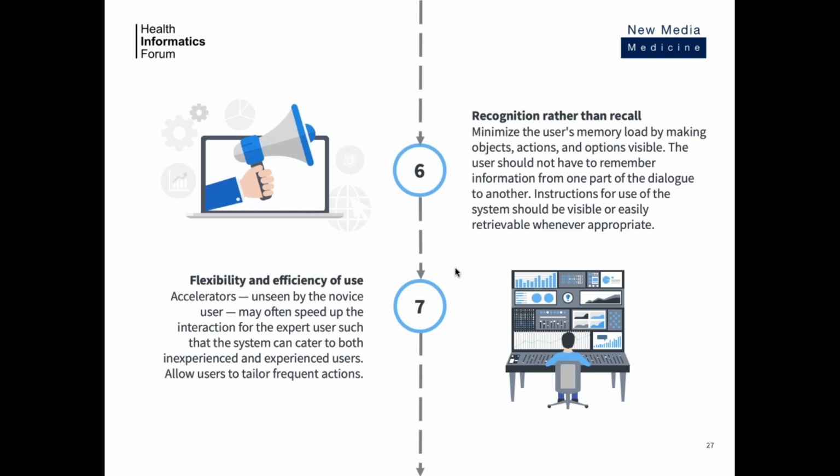If you imagine using a digital radiology system, an experienced radiologist who's been using the system for a long time might want quite advanced features for doing things like highlighting particular areas or using artificial intelligence algorithms in a complex way. These should be hidden from the novice user so they don't overload them, but should also be accessible for the expert user so that the system is flexible and minimizes the time it takes to do things for expert users, whilst still being easy to use for novice users.